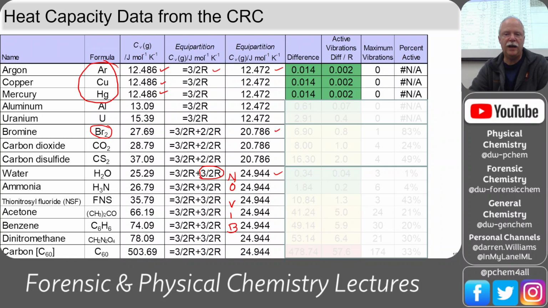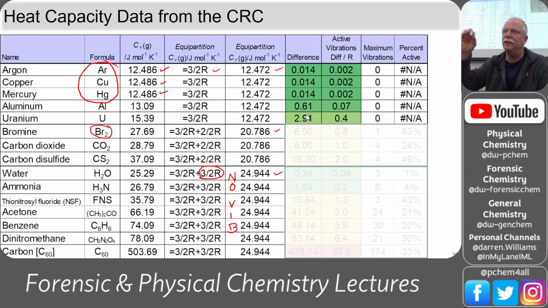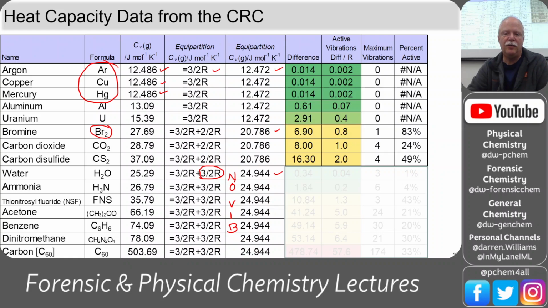So let's look at how much of their vibrations or other kinds of properties is coming in. These don't have any vibrations, and so there's no percent active vibrations there, but they're different by a couple of joules per mole Kelvin. And so this is clearly going to be some small amount of electronic excitation. But here we definitely see some vibrational excitation. We have 4 vibrations in CO2 and 4 vibrations in CS2.